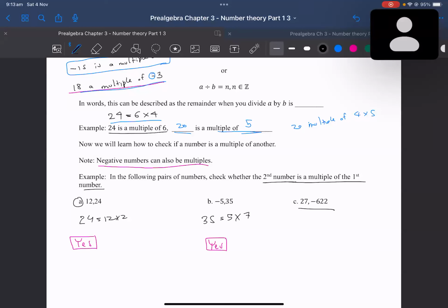Okay, here's where we can't do this in our head, right? Is 27 a multiple of -6,22? No. Yep, that is correct, but how do we know? No, because you can't fit it, because 27 is not a factor of 622. Yeah, how do you know that though?